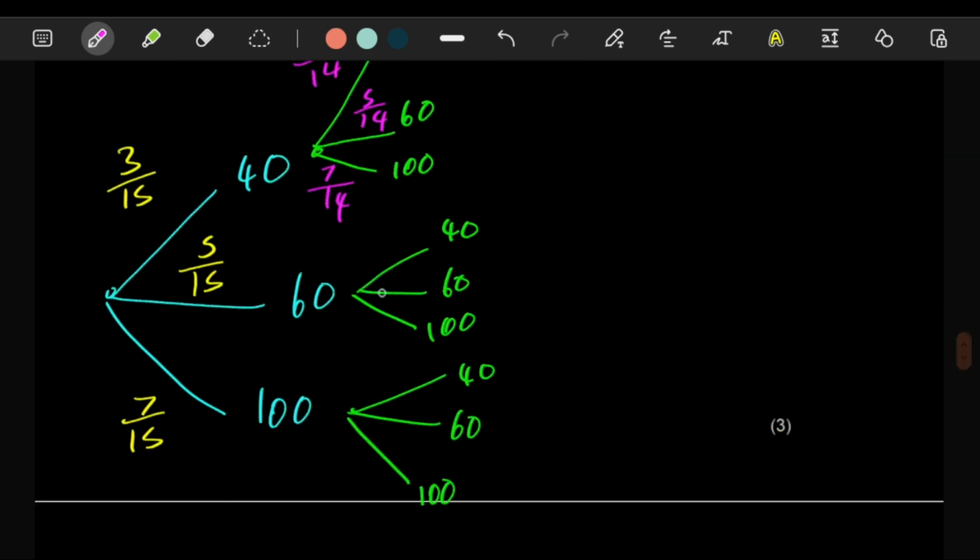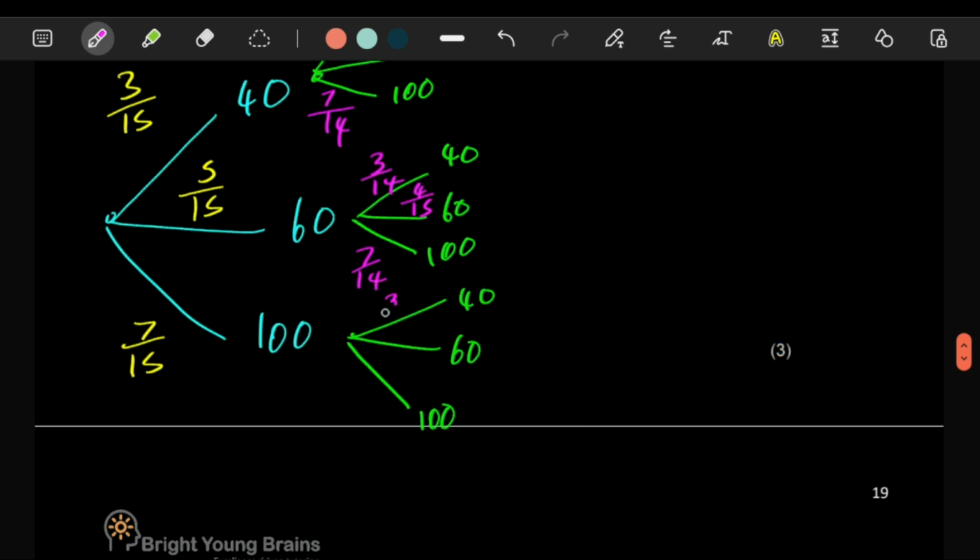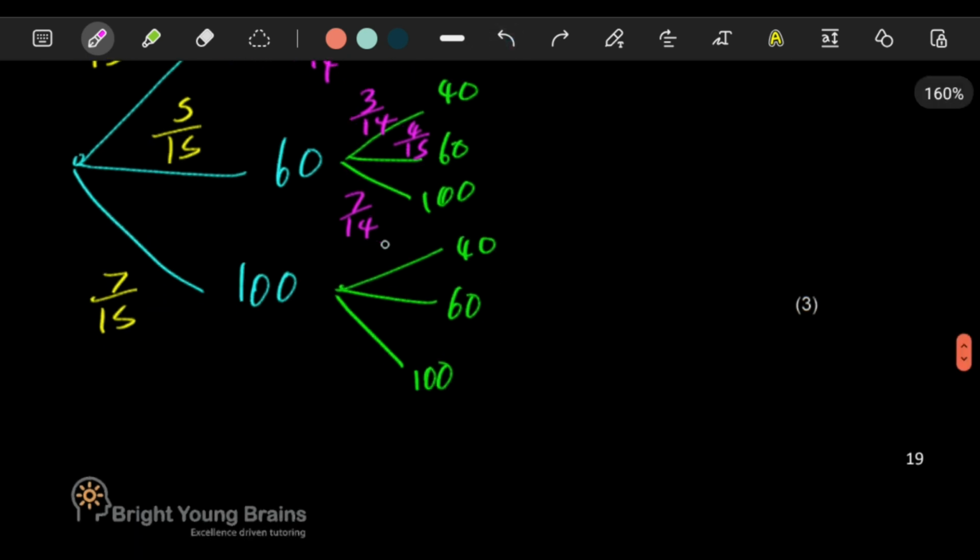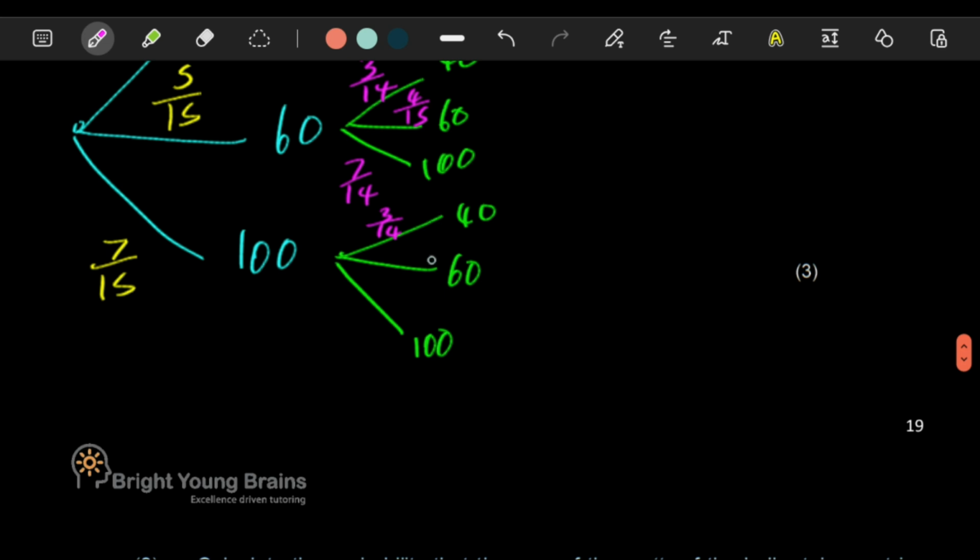And then here all 3 are still there, and then here 4 are left, and then here all 7 are still there. Here all 3 are still there. Here all 5 are still there. Oh, why did I put 15 there? It's supposed to be 14. 3 over 14. And then this is 5 over 14. This is 6 over 14.